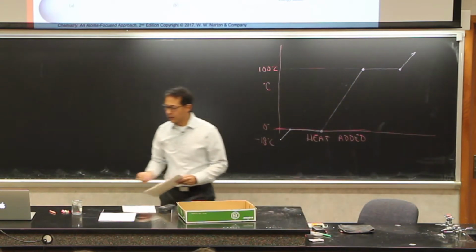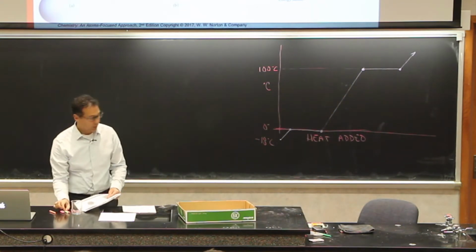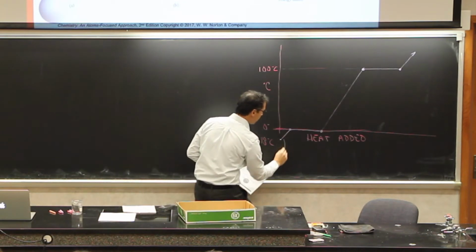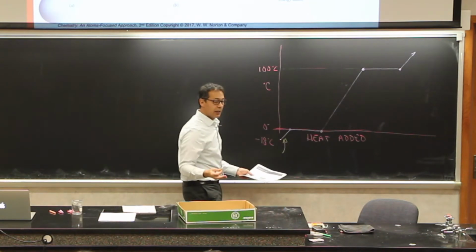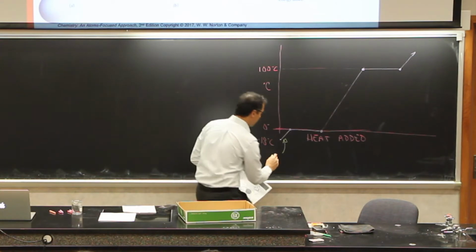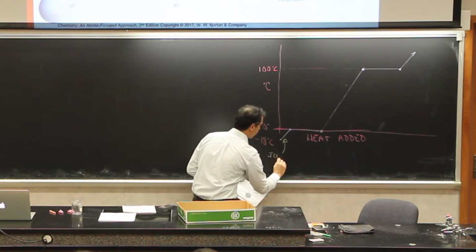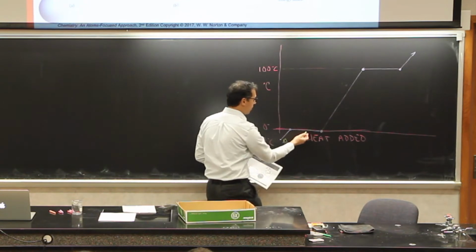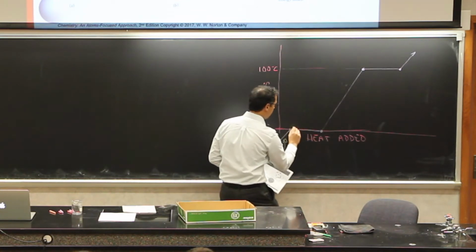And we have some labels that we put on these things here. Down here, this is solid, so we would call that ice. Right here we have water melting, so I'm going to say melting.